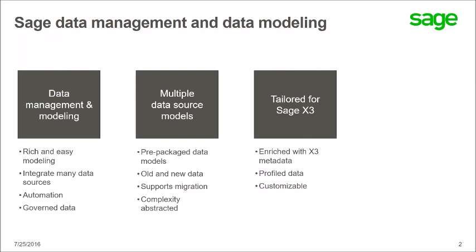With profiling of the data, a user will have a rich experience seeing how data is populated in the Sage X3 application and receiving helpful recommendations to further assist in the design process of a Sage X3-centered data management and modeling solution.